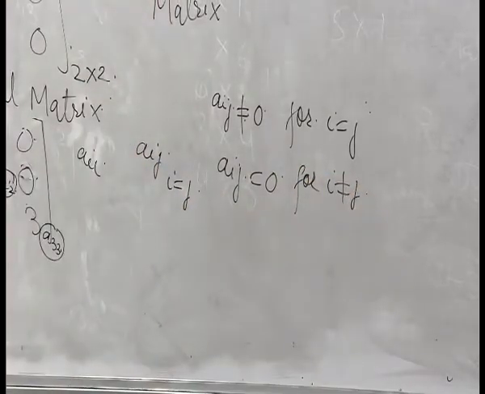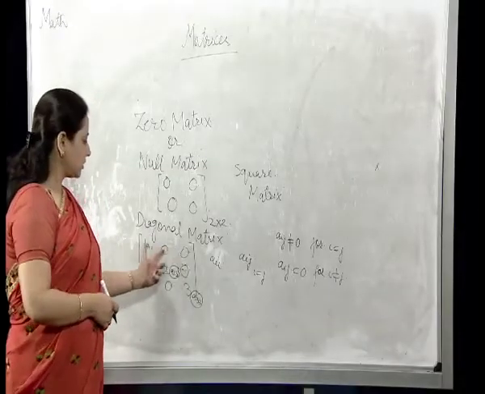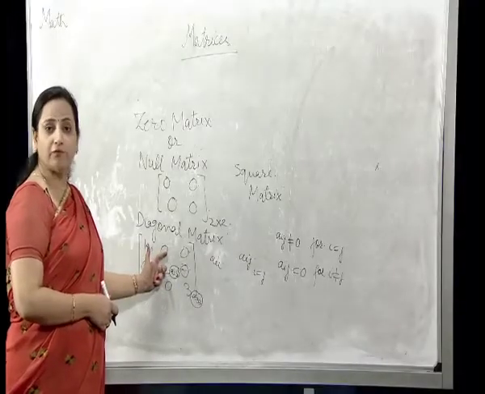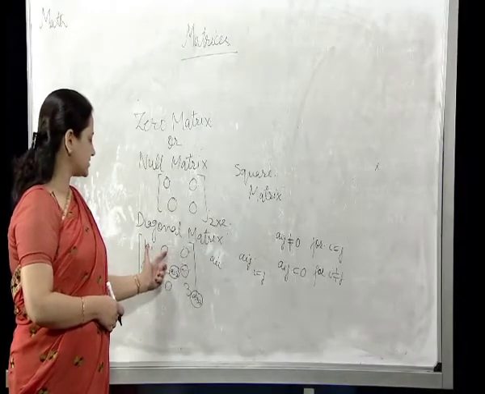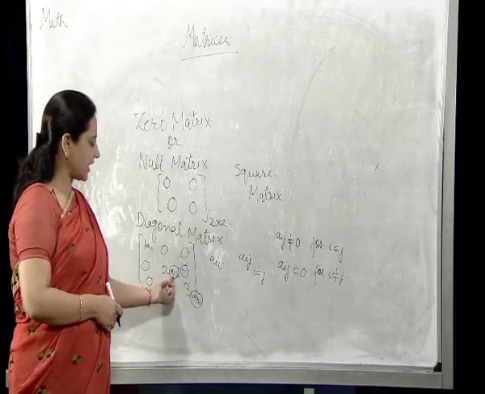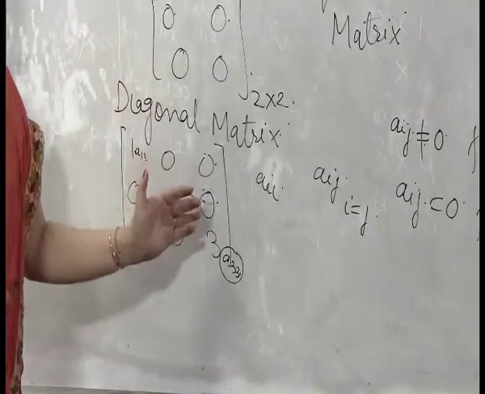Wherever you see i is not equal to j, you will find that element as 0. You can see this element is 1, 2, that means i is not equal to j, so it is 0. And you can see this element is non-zero, where i is equal to j. So, this is the diagonal matrix.